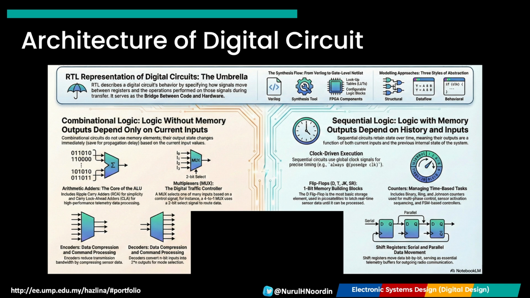When we group them together, we can build counters to track times and discrete events, or shift registers to move data serially, a crucial feature for space-constrained communication systems like the Lilacs 5 applications.